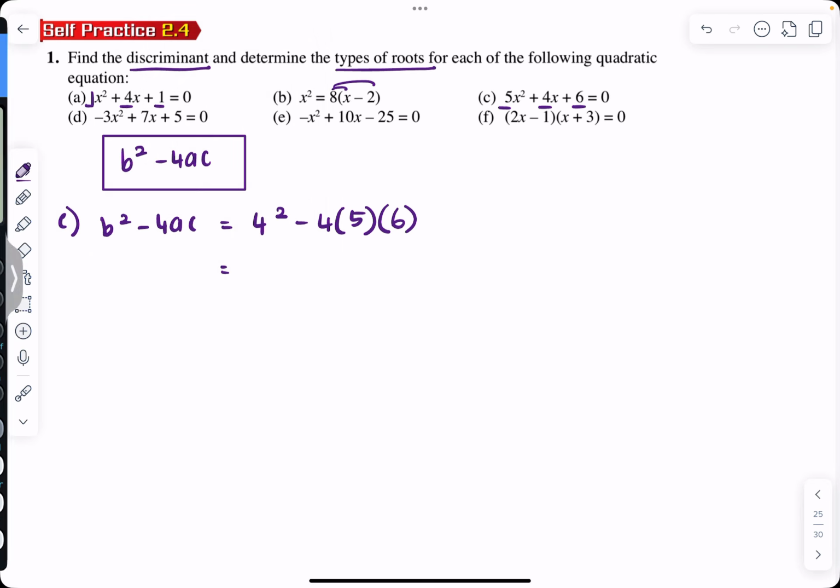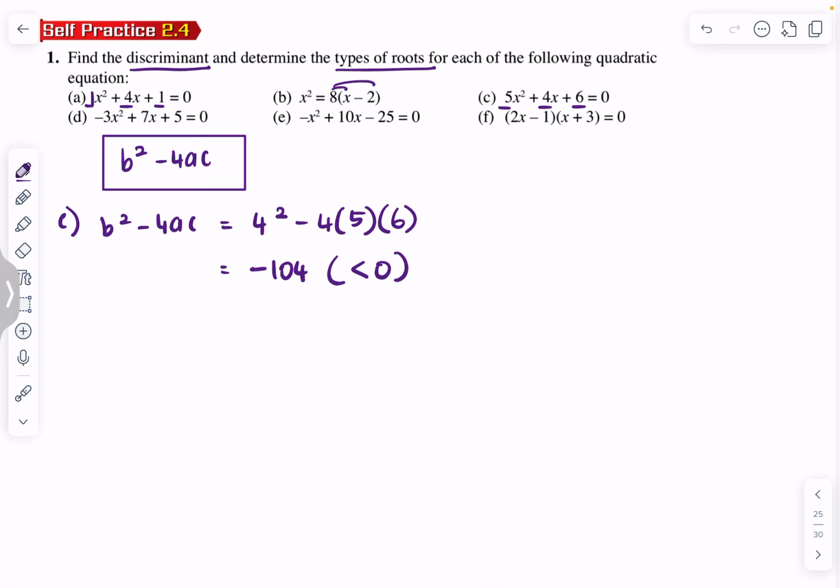We get negative 104. This is lesser than 0. So if less than 0 means we get two imaginary, no need to write imaginary roots, you say no real roots.